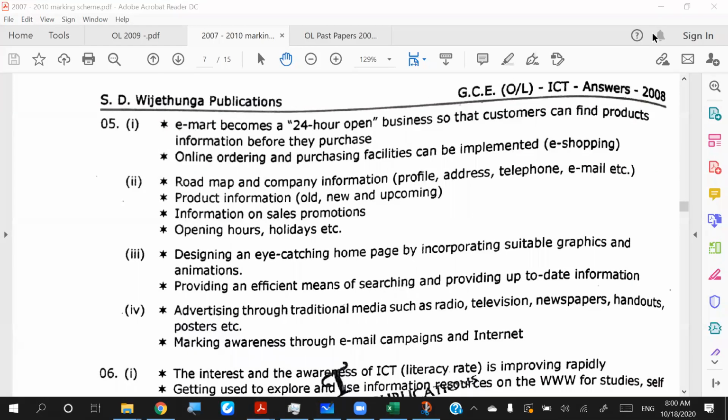Okay, it says it is a well-known fact that the business... So they are talking about an e-mart where they do the retailing part through the new technologies.